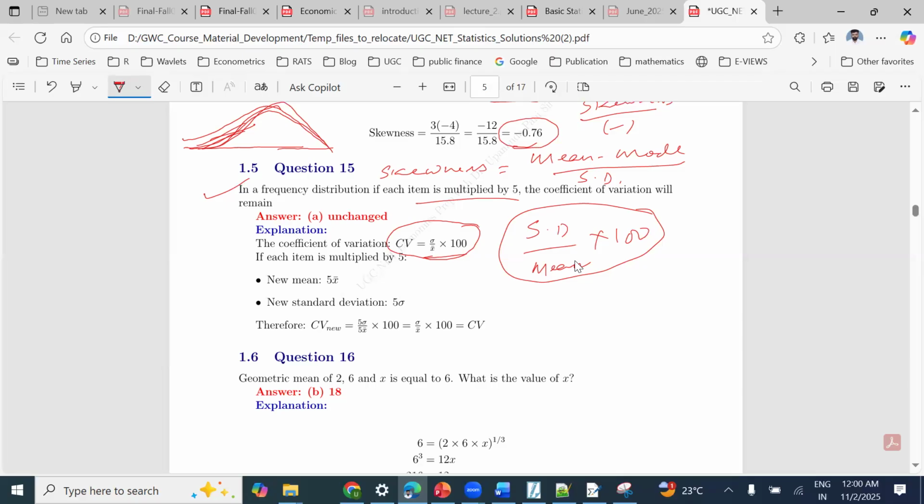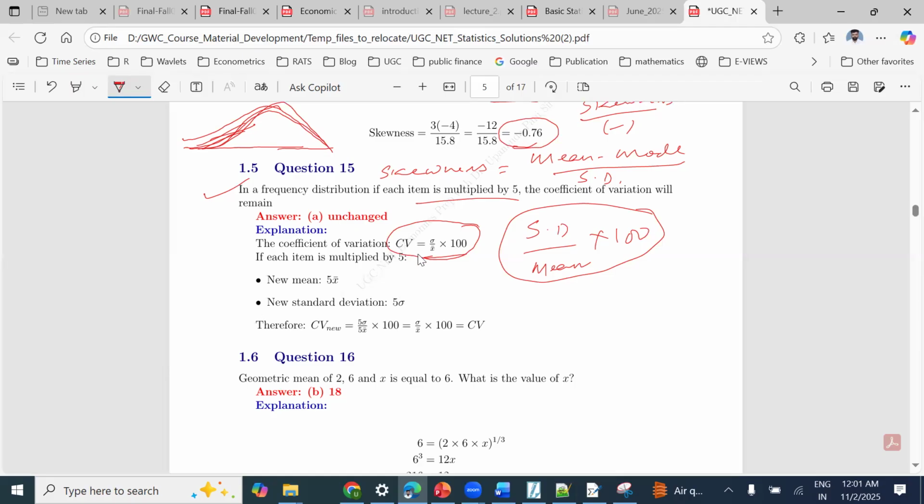Now, as Sangeeta was trying to tell me, yesterday we discussed that standard deviation is independent of change of origin, but can you complete the sentence? But standard deviation is dependent on change of scale. So now it is time to discuss this.